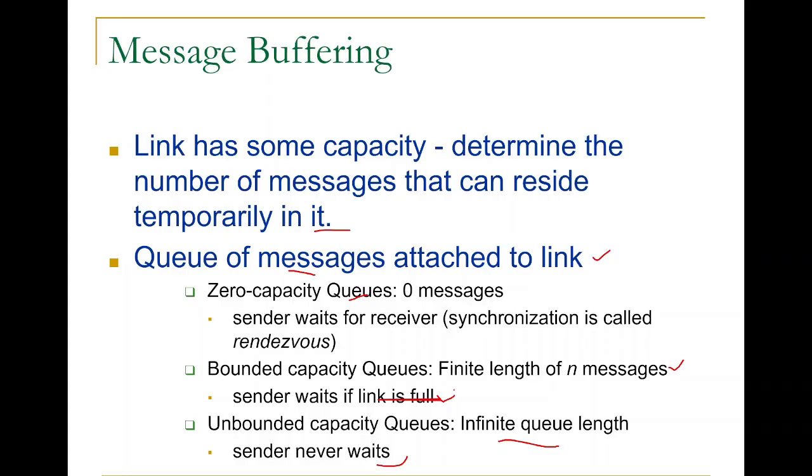But when it is full, the sender will have to wait, and you keep on checking. If the buffer is full, don't send any message. If the buffer is empty, you send a message to it. But in unbounded, you can keep sending all the messages because there's enough space for you to keep sending as many messages as you want.